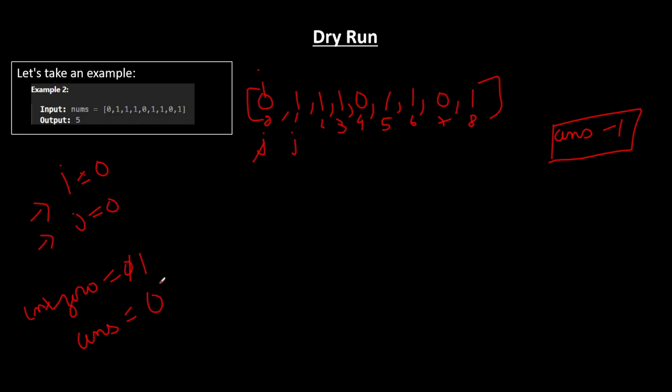So yeah, this answer is greater, so we'll store it. When j moves ahead to the 2nd index, it is 1 again. So 2 minus 0 gives me 2. Fine. Again we move to 3, 3 minus 0 gives me 3, right? Because for the answer we are doing j minus i, right?